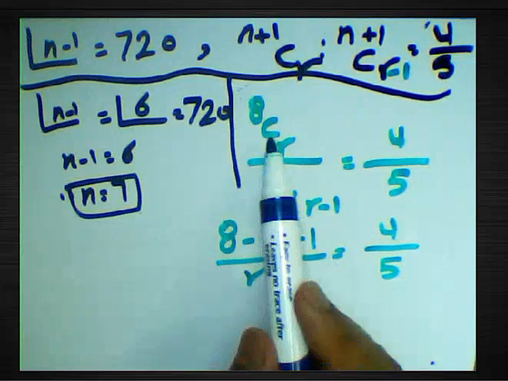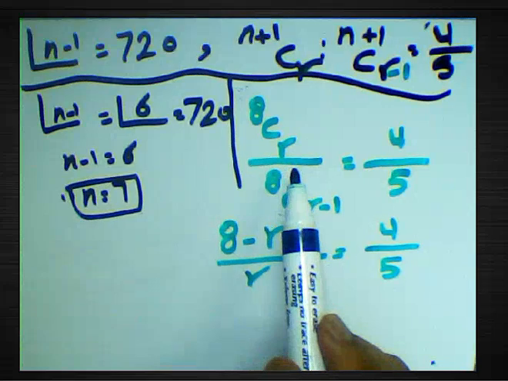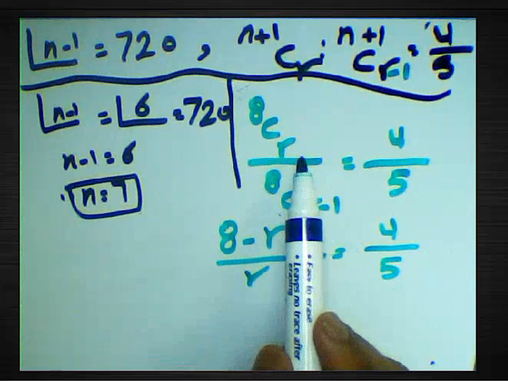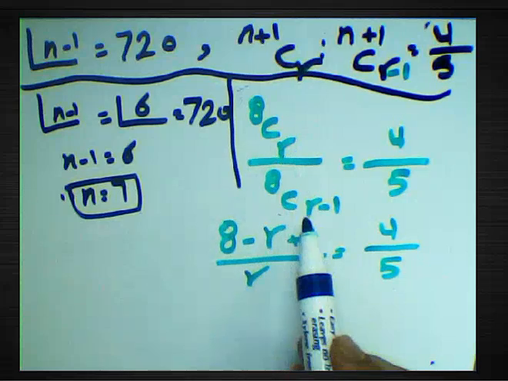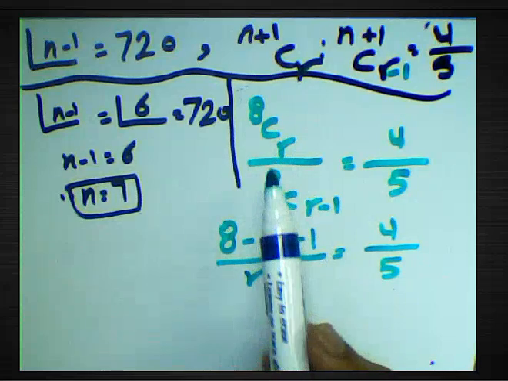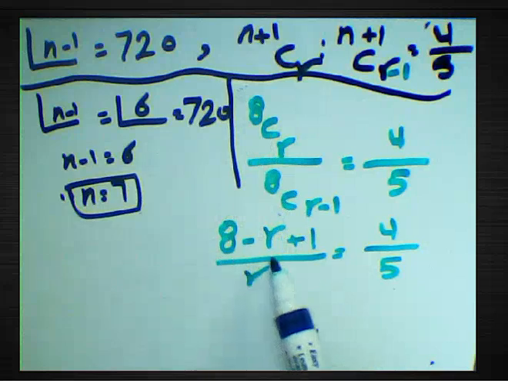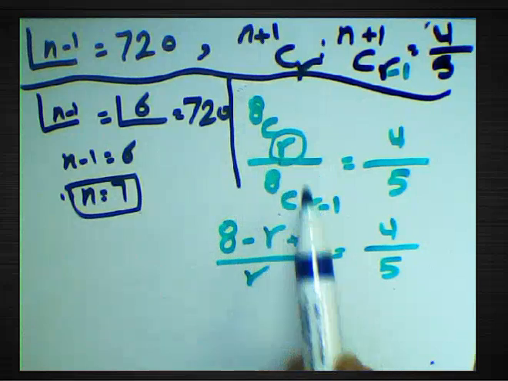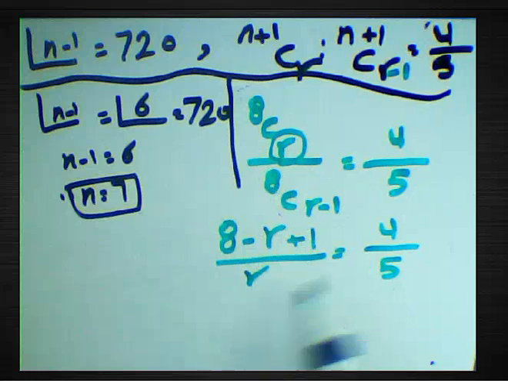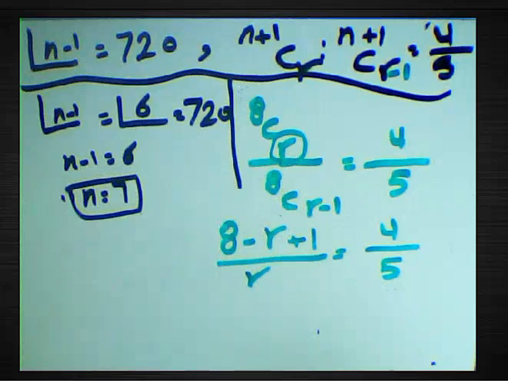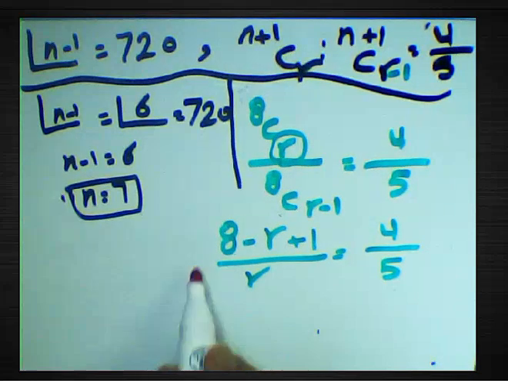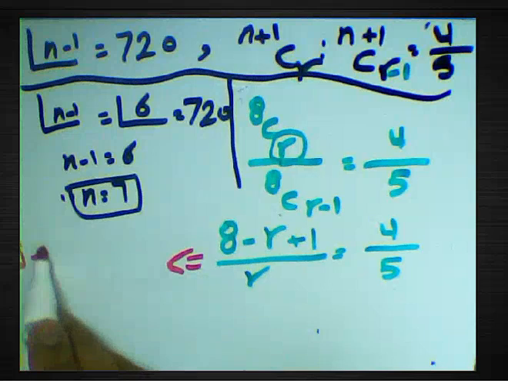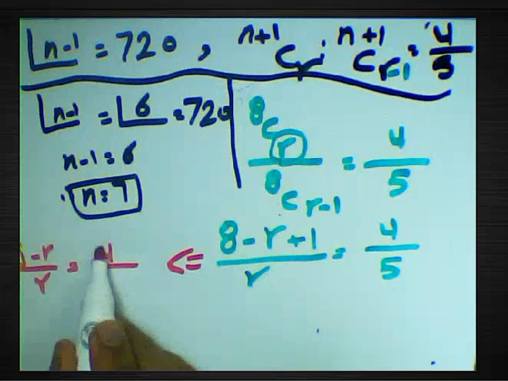Again, we have two combinations here, descending from greatest to smallest, greatest up and smallest down. You must write 8 minus the greatest, r, plus 1, over the greatest, and then you can complete it by the product of extremes equals the product of means. 8 plus 1 equals 9, so (9 minus r) over r equals 4 over 5.